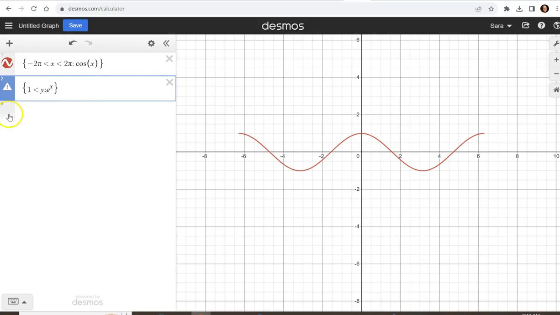What Desmos is trying to communicate to me is that I've mixed two different letters here, and I'm not talking about the e, that's this mathematical constant. I've mixed x's and y's, and at this moment, Desmos isn't really sure what the y is. So in order to make this work with a restricted range, I need to add an equal sign telling Desmos what y is equal to.